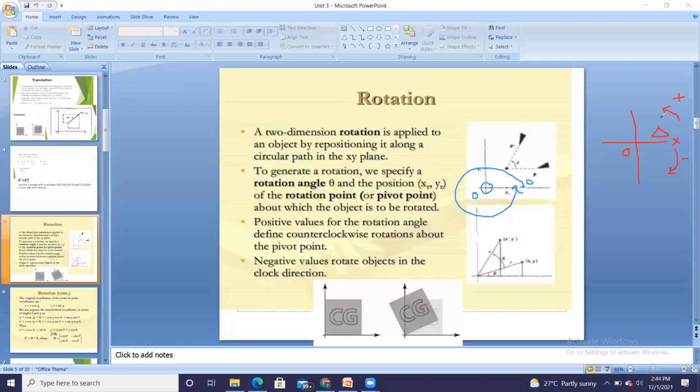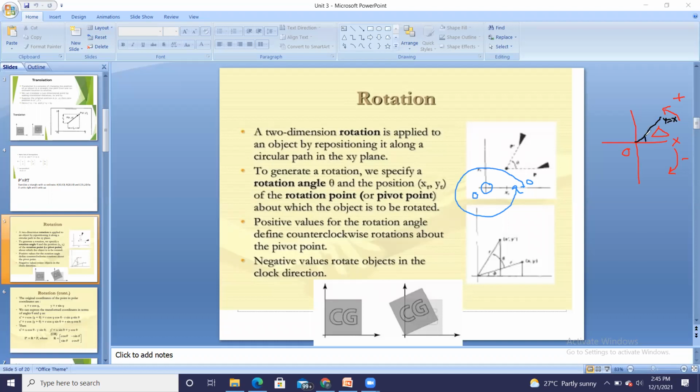45 degree axis, that is nothing but your y equal to x line. So this is your y equal to x axis and it is your 45 degree line. Then when I want to rotate this object in a positive way, that is in anti-clockwise movement, then the object will come here, right?